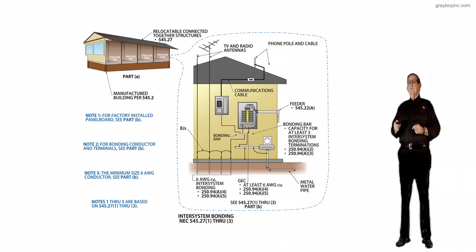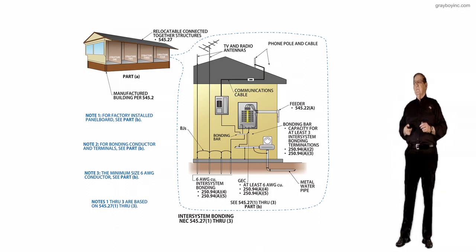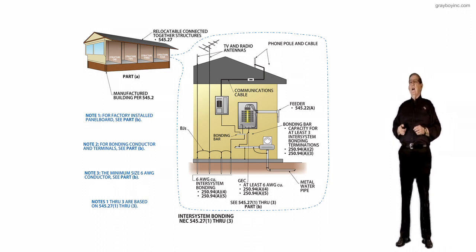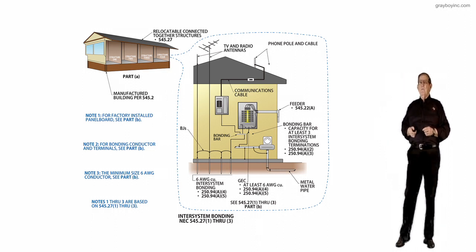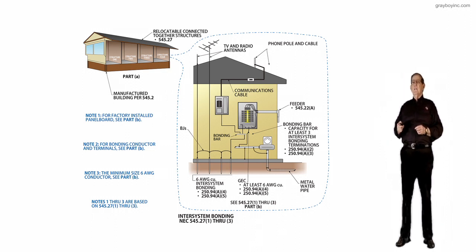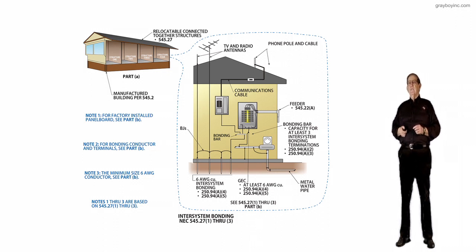And then notice the bonding bar has to have a capacity for at least 3 inter-system bonding terminations that comply with 250.94 item 2 and 250.94 item 3. You can see the arrow pointing to such bar.